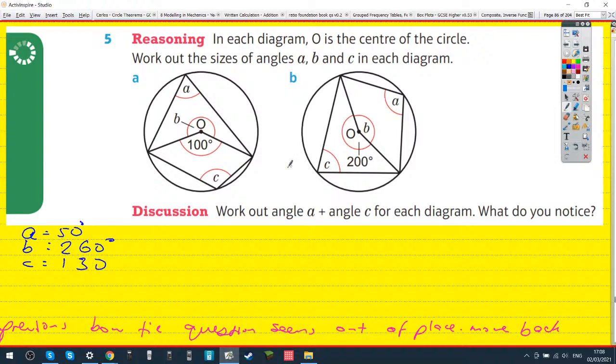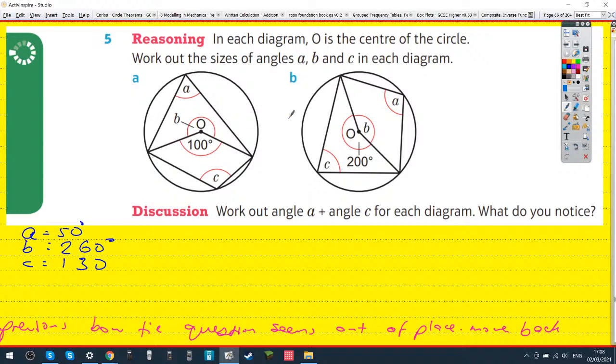Okay, let's try question B. Okay. So 100. B is 150.